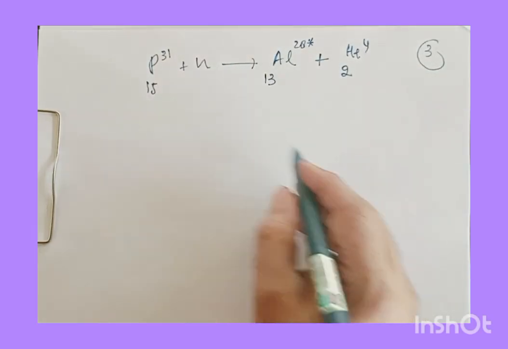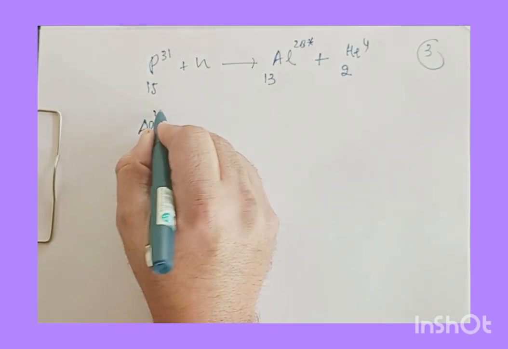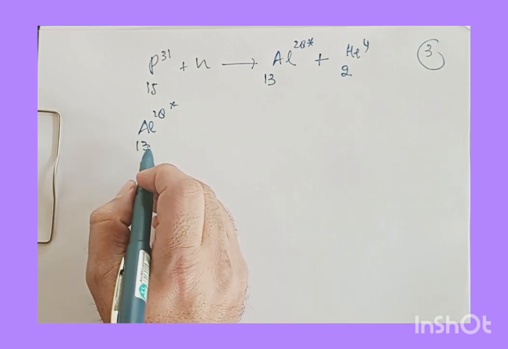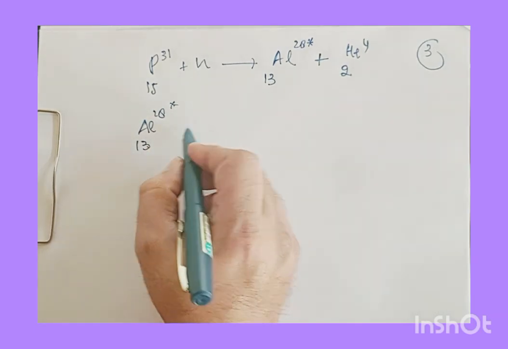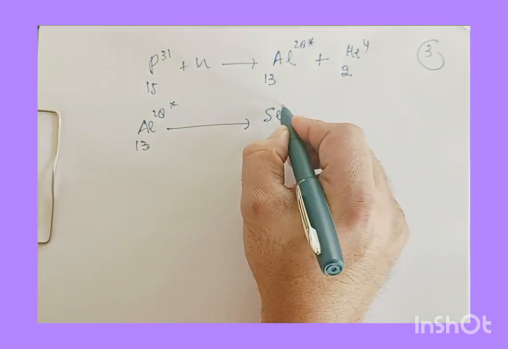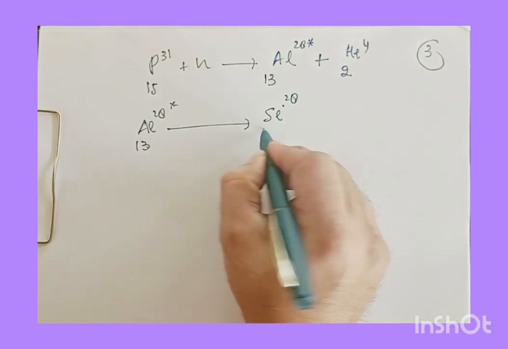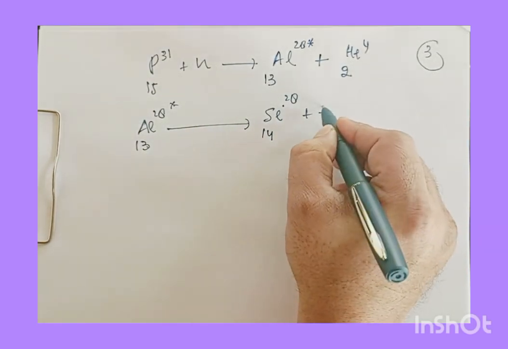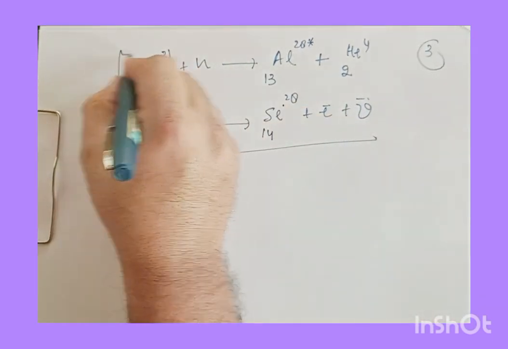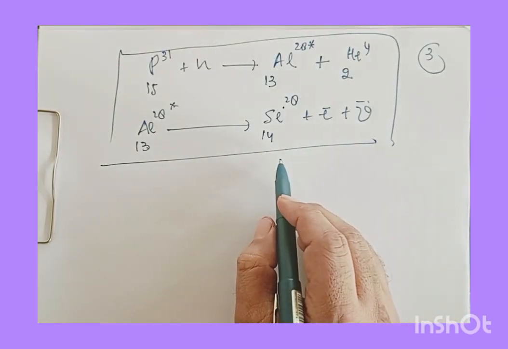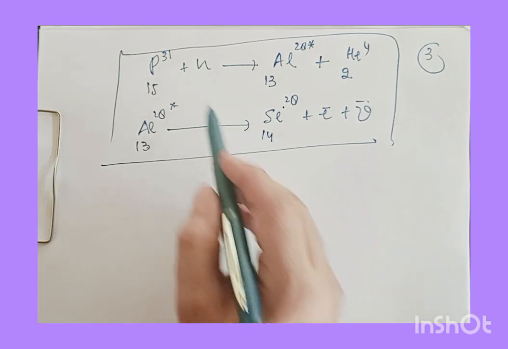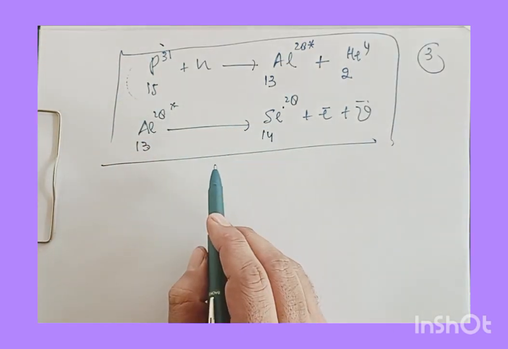This aluminum is unstable, in an excited state. It's a radioisotope now, and it decays by emitting an electron. It turns into silicon 28, 14, and gives us an electron, a beta particle, and an antineutrino. So this is another example where we develop a radioisotope by hitting phosphorus with a neutron.